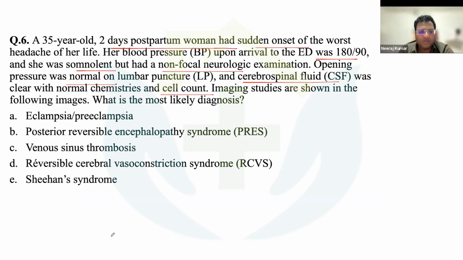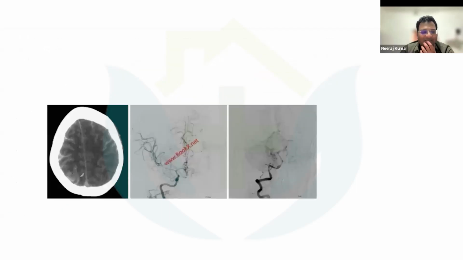I will show you the image later, but till then you can mark this question, because when I go to the next image, I think the answer will be seen. Okay, so I think many of you are marking PRES. How many of you are with RCVS, reversible cerebral vasoconstriction syndrome? Still PRES. Okay, so this is the picture.